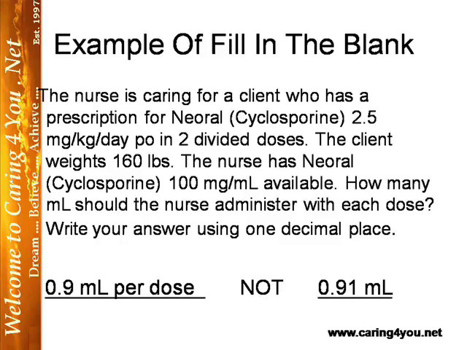First of all, that's not using one decimal place, so we have to pay attention to the entire question. The other thing is, notice up at the top it says 2.5 milligrams per kilogram per day PO in 2 divided doses. This is why I want you to write 0.9 ml per dose. Write it. Just write it.